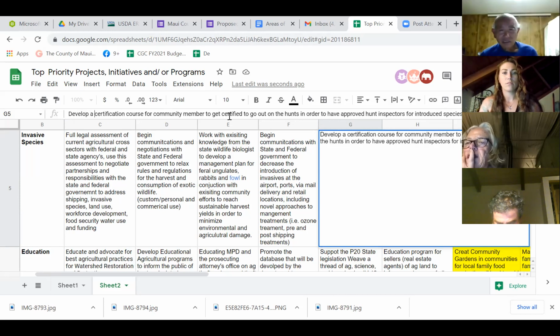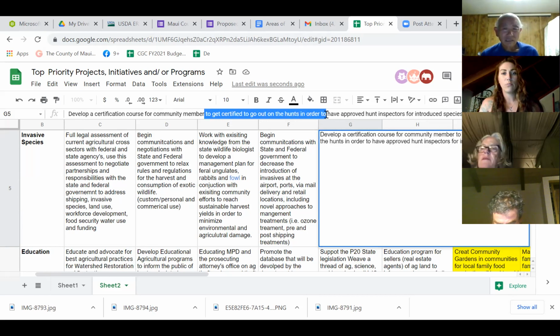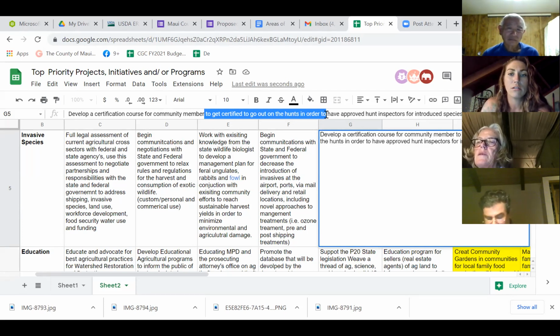Develop certification course for community members to get approved to go out on hunts. What if we just took all that out? Develop a certification course for community members to have approved hunt inspectors for introduced species hunts. What is the purpose for the inspector though?